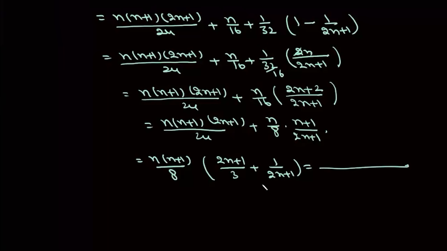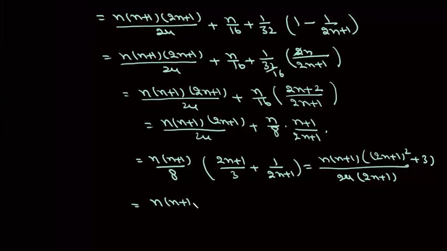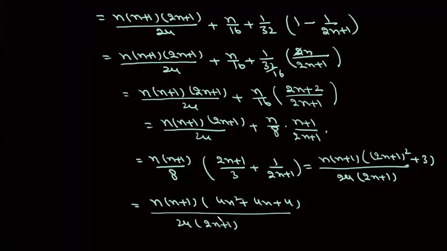If we simplify this, this is 24 into (2n+1), and this is (n+1), and this is (2n+1) whole square plus 3 into 1, 3. So it will be (n+1) and here will be 4n square plus 4n plus 1 plus 3, 4 upon 24 into (2n+1). We can cancel this 4.